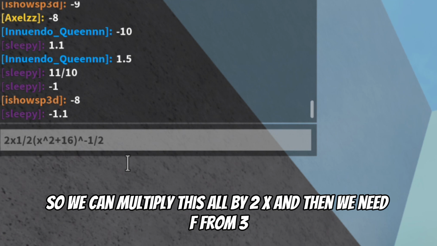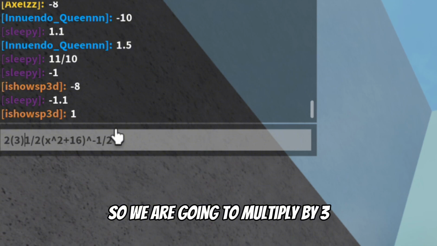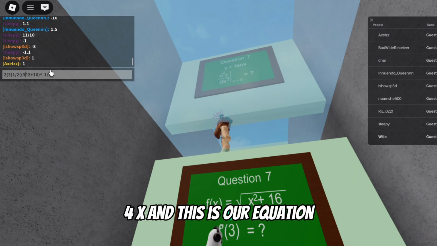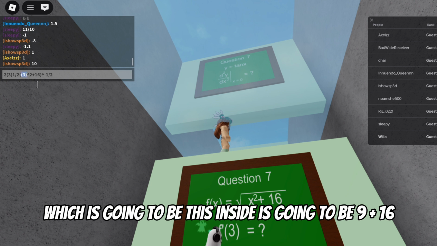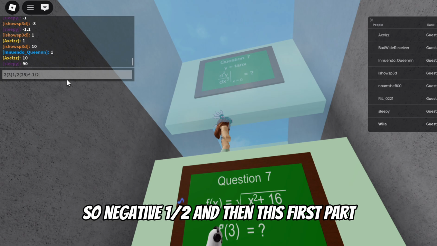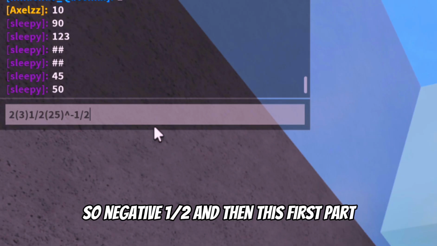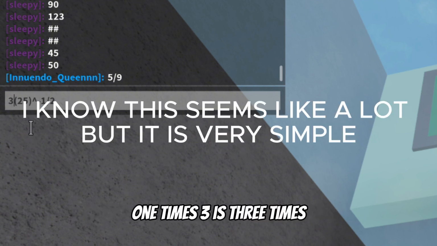And then we need f prime of 3, so we multiply by 3 for x. The inside is going to be 9 plus 16, which is 25, to the negative 1/2. And then this first part, 2 times 1/2, is just equal to 1. 1 times 3 is 3.